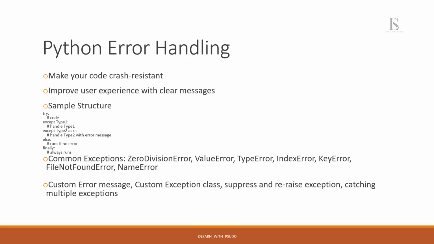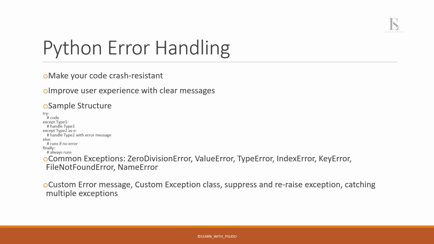Then you would get a value error exception. You also have type error. These are raised when you are trying to do some operations on different types of data. Say you have a string, you have a number, and you are trying to perform an add operation.